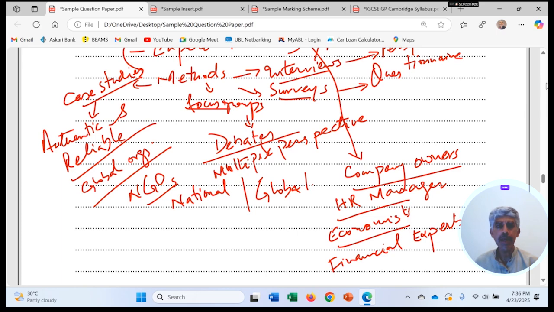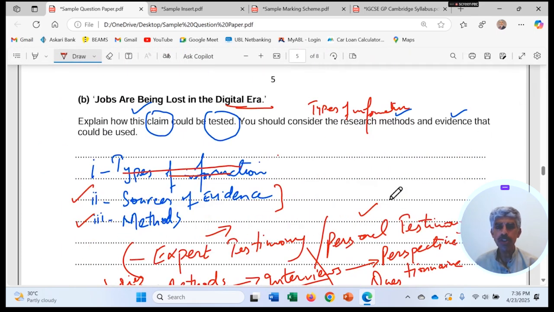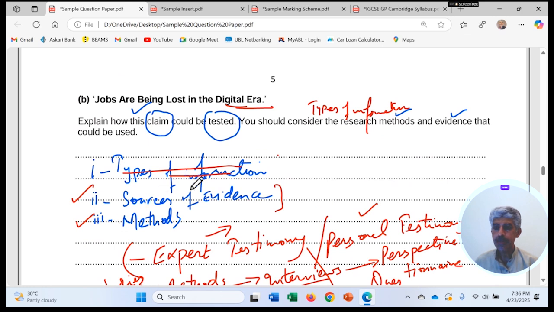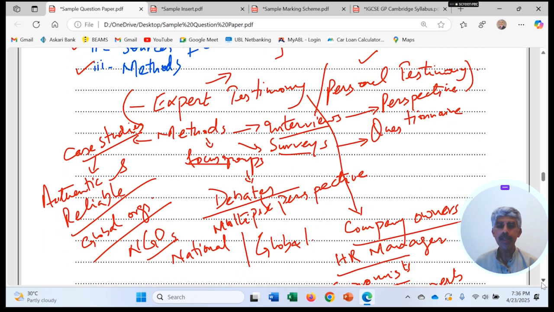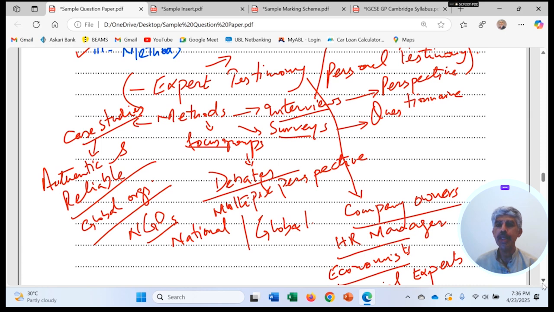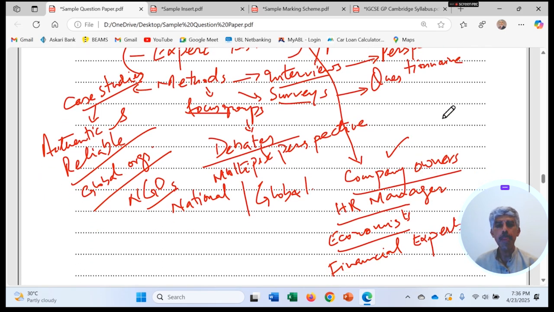So for the sake of explaining the expert testimony in this question, for the sake of seeking the evidence for this particular claim, you can write that for the sake of gaining the evidence of this particular claim, I will conduct interviews of the experts for the sake of seeking the expert testimony, like interviewing the company owners or CEOs or the HR managers of the companies, as they have the relevant data regarding the job placements and the hiring and firing of the people, just because of the digital era.